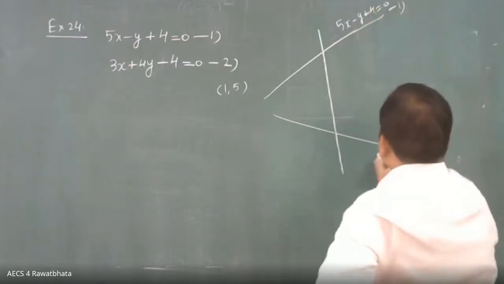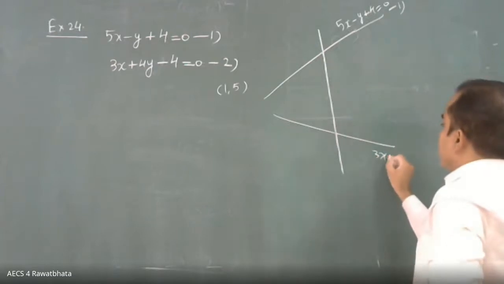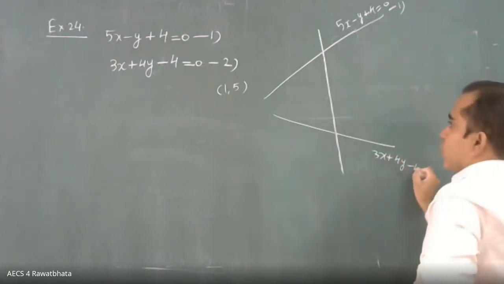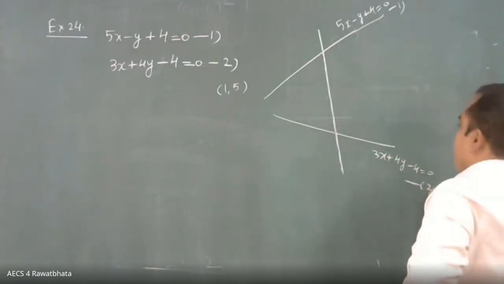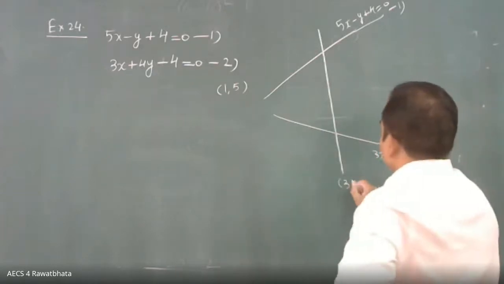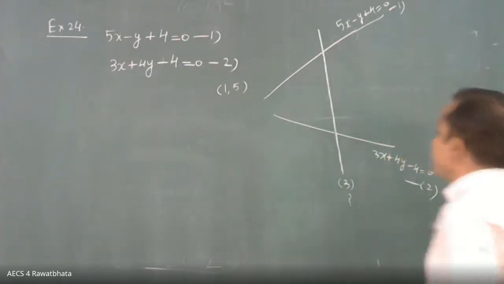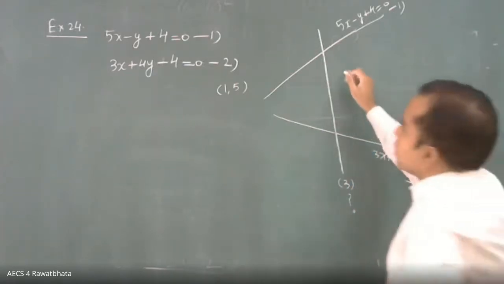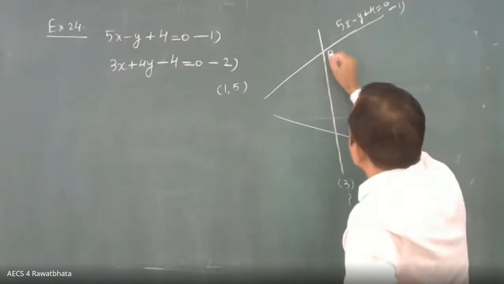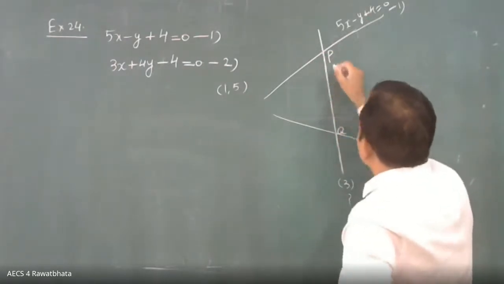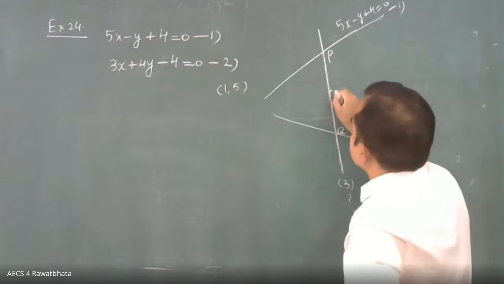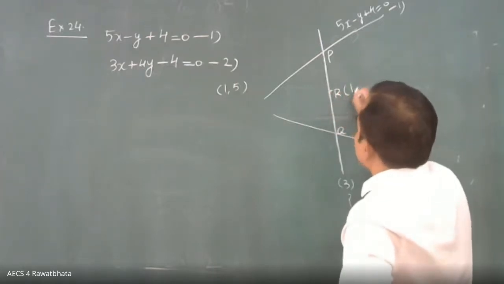And this is line 2, 3x plus 4y minus 4 equal to 0. And this is line 3, our desired line, whose equation we have to find. And suppose this point is P, this point is Q. So PQ is bisected at the point, suppose this is R, and its coordinates are 1, 5.